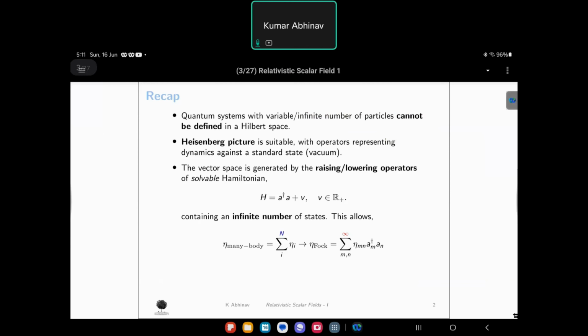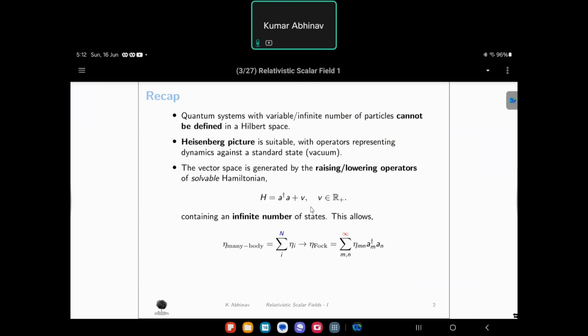Such a space becomes useful when you define something called raising or lowering operators. I guess everybody is familiar with the harmonic oscillator systems, where you have these A and A dagger operators, also known as the raising and lowering operators, which take you from one state to the other, with respect to a vacuum or ground state, and that ground state has some real energy, which is denoted as V. It can be 0, but it's a semi-positive definite quantity.